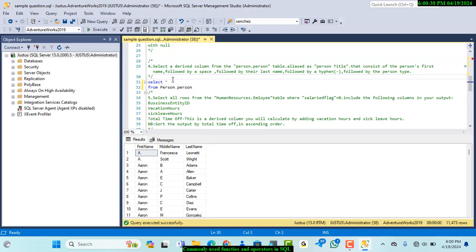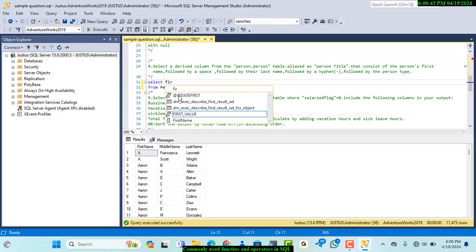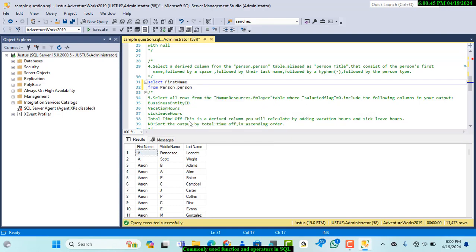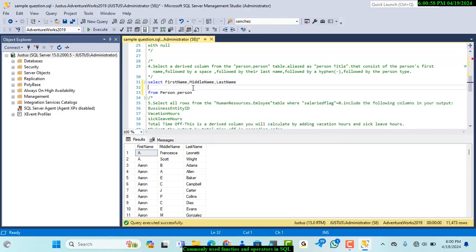That's what we call a column alias. So I'm going to select first name, followed by the middle and the last. Okay, and include a square bracket.